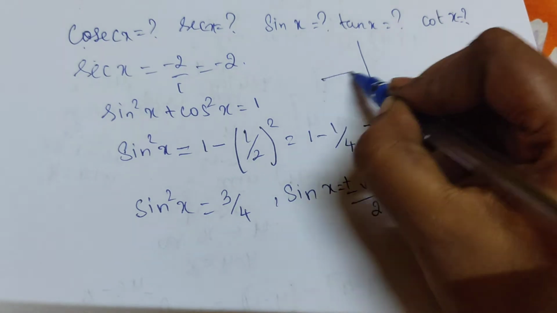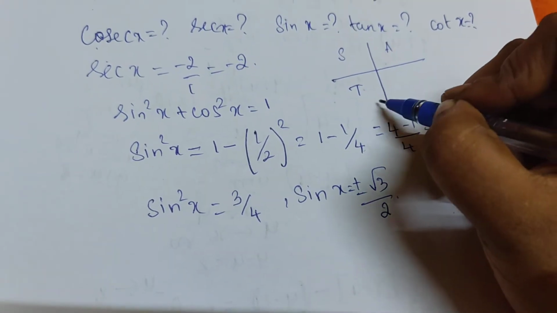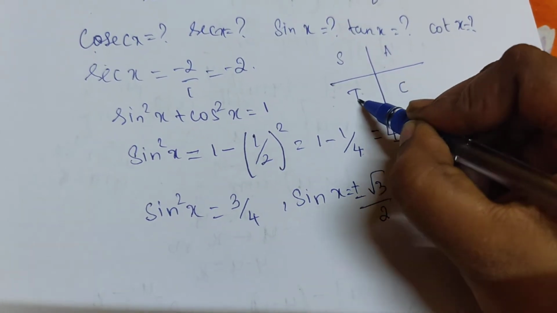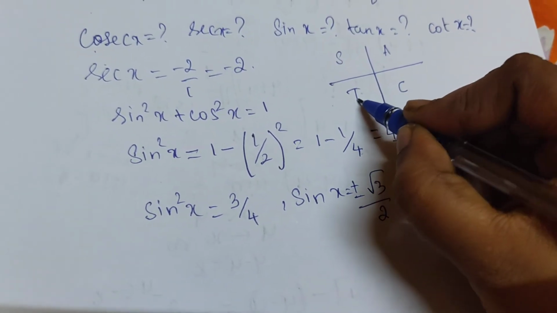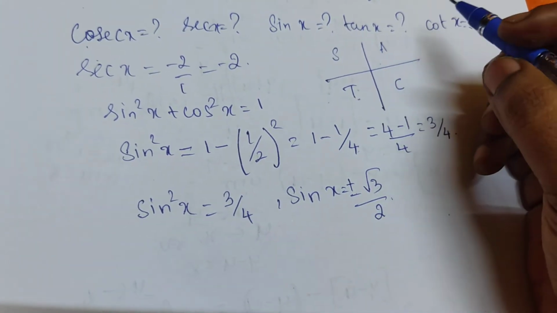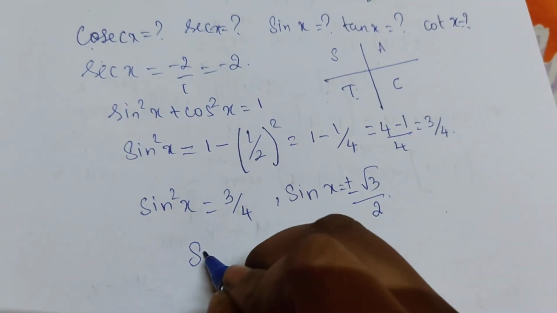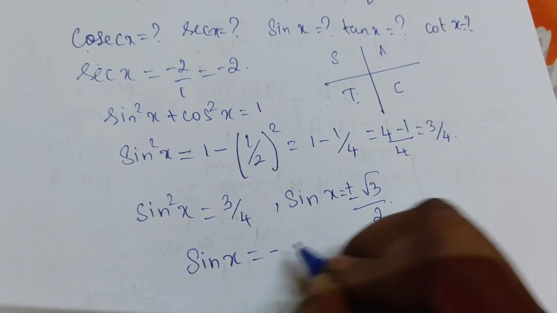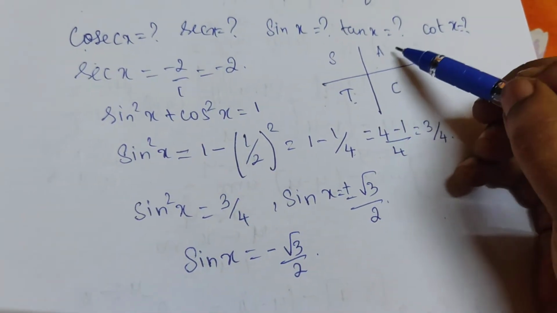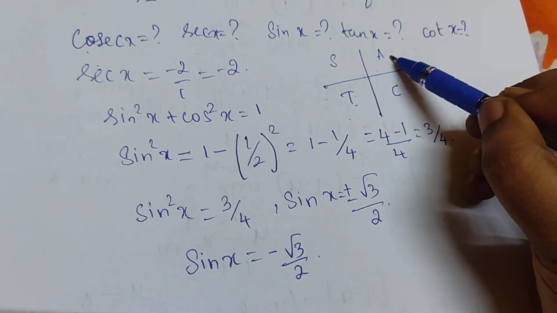Now we have to decide the sign for this particular value. As x is in the third quadrant, tan and its inverse cot alone are positive, and the remaining ratios are negative. So we have to take sin x as minus root 3 by 2. According to the phrase "all silver tea cups", in the first quadrant all ratios are positive.